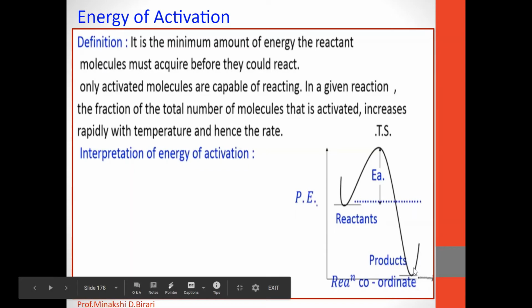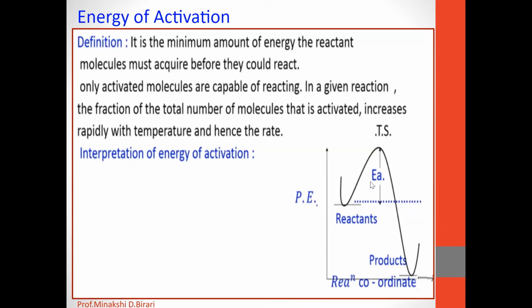Only the activated molecules are capable of reacting, and the fraction of activated molecules increases rapidly with temperature, and hence the rate of reaction also increases and the reactant molecules are converted to the products.